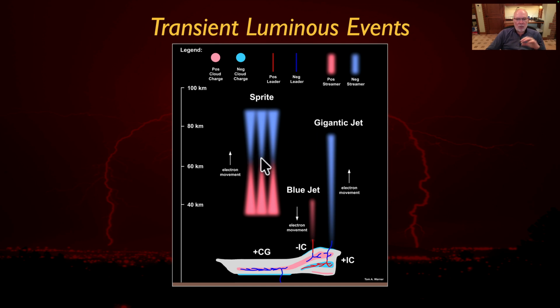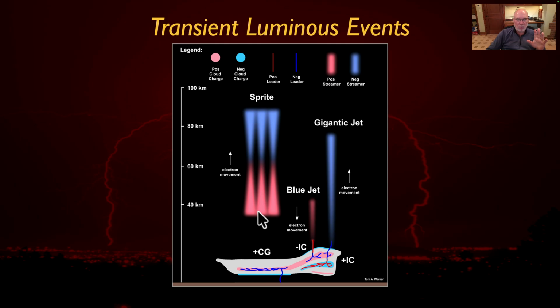And again, this is a bipolar process in which negative streamers go up towards the ionosphere, which is positively charged. You get positive streamers coming down towards the negative charge that was introduced by the negative leaders on the return stroke that occurred during the positive CG flash. And so we get these sprites that are formed.